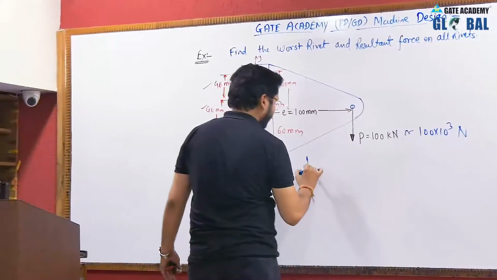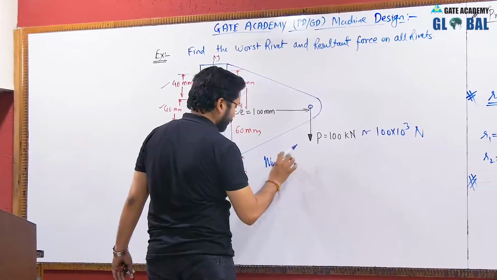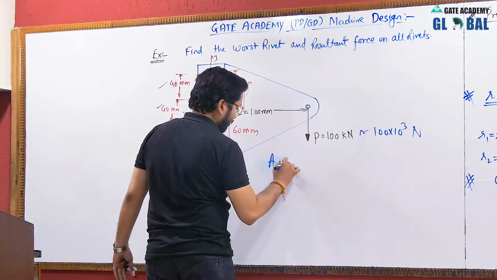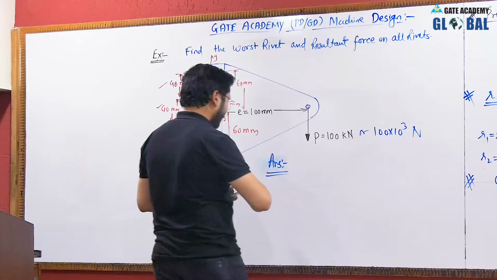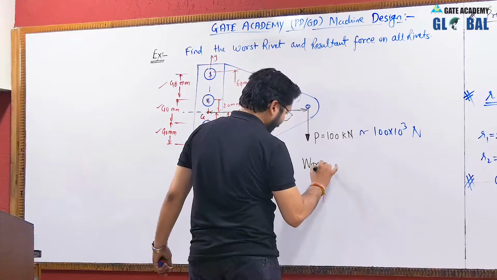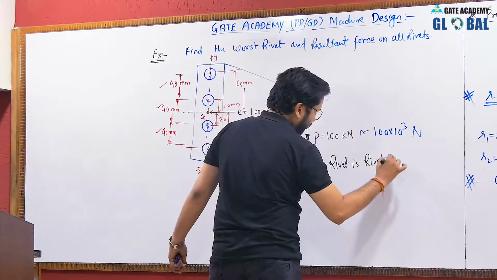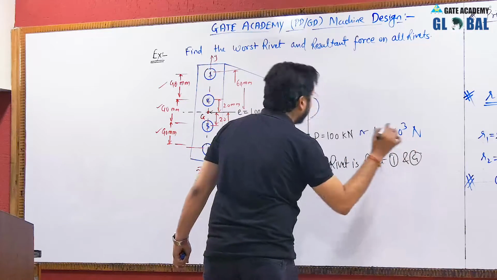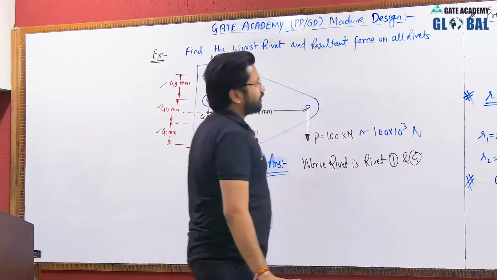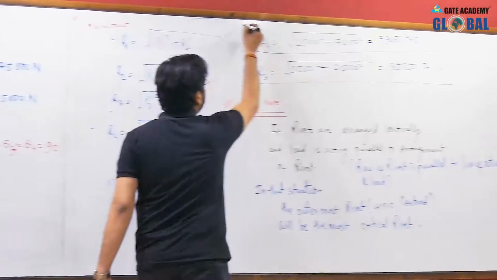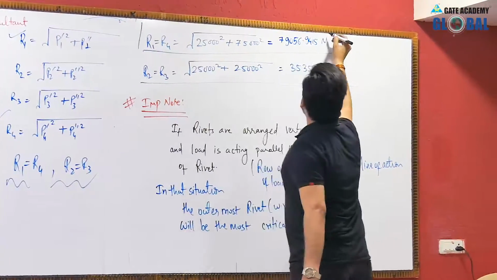So the worst rivet is rivet 1 and 4. Now the resultant force on rivets 1 and 4 is 79056.94.